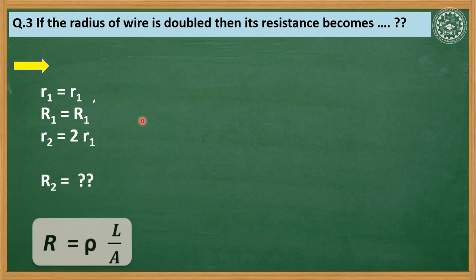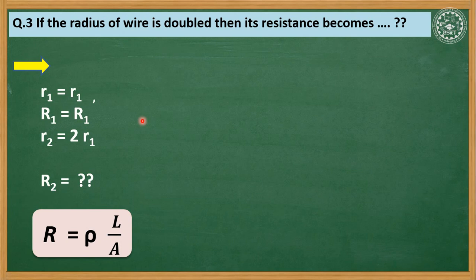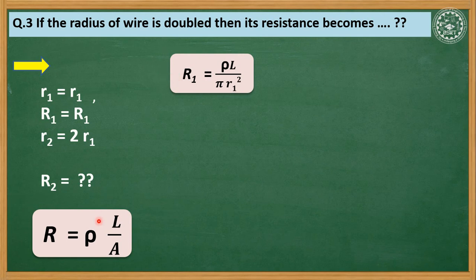Now we know the formula, R is equal to rho L upon A. Resistance of the first wire will become rho L upon pi R1 square, because the value of rho is a constant and L is also constant.